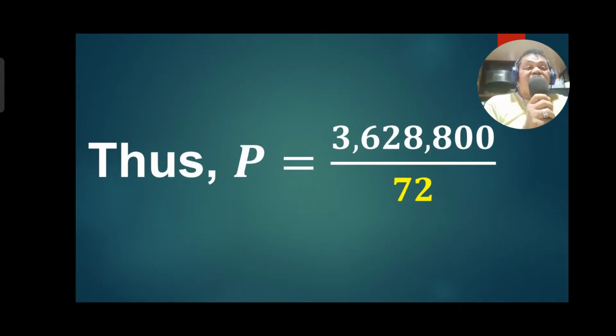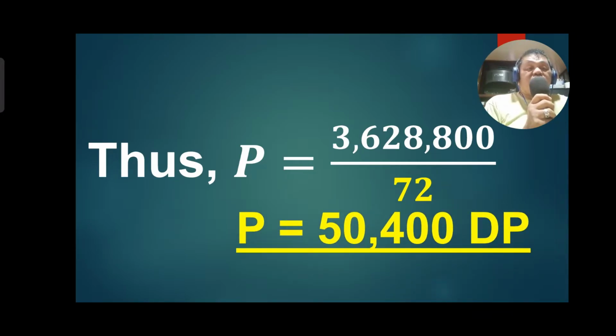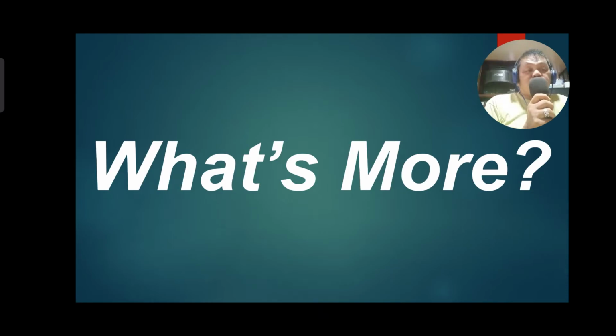So 3,628,800 over 72 is equal to 50,400 ways, or distinguishable permutations. So the word statistics can be arranged in 50,400 ways. Now let's go to the evaluation.